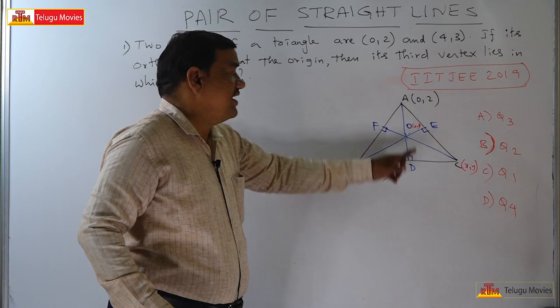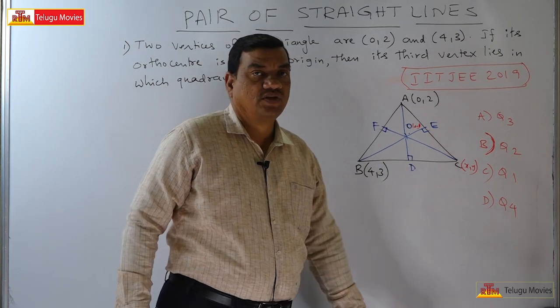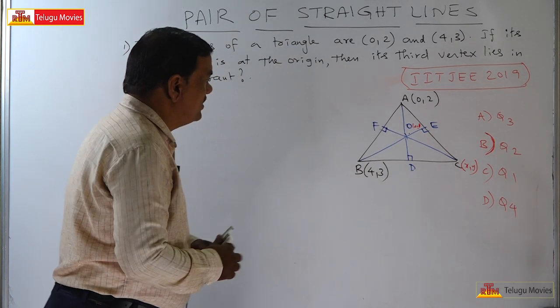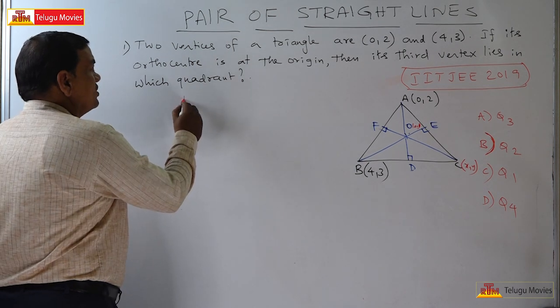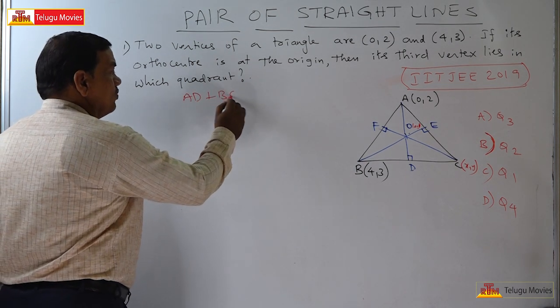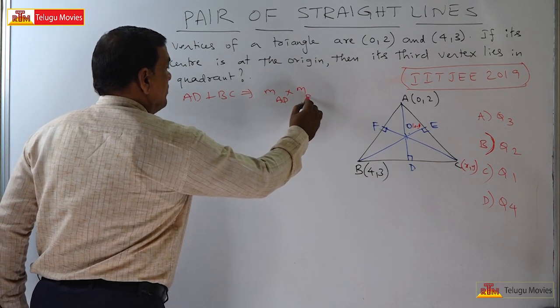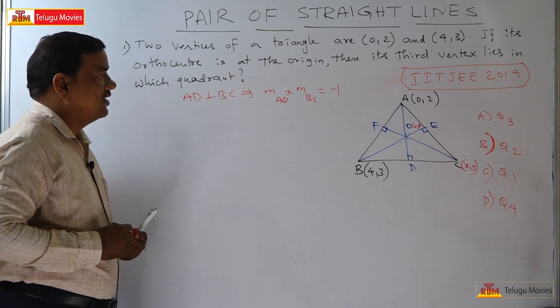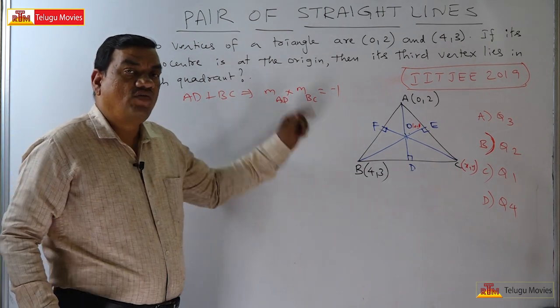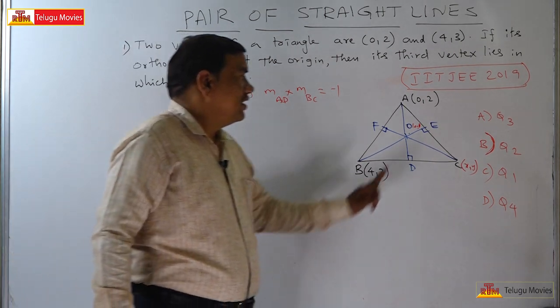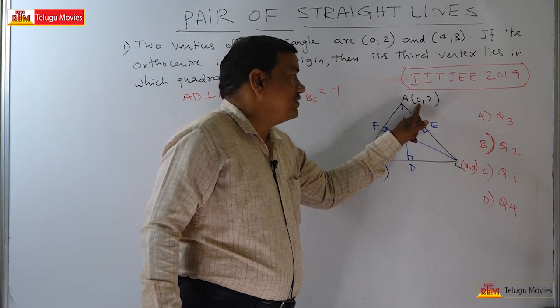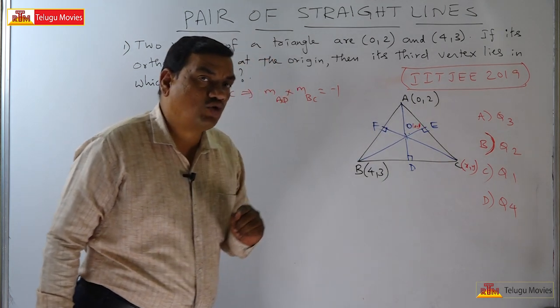Here AD is perpendicular to BC, and students will write that since AD is perpendicular to BC, the slope of AD times the slope of BC is equal to -1. This is not valid here. Why? Because the coordinates of A are (0, 2), so the x coordinate is 0.